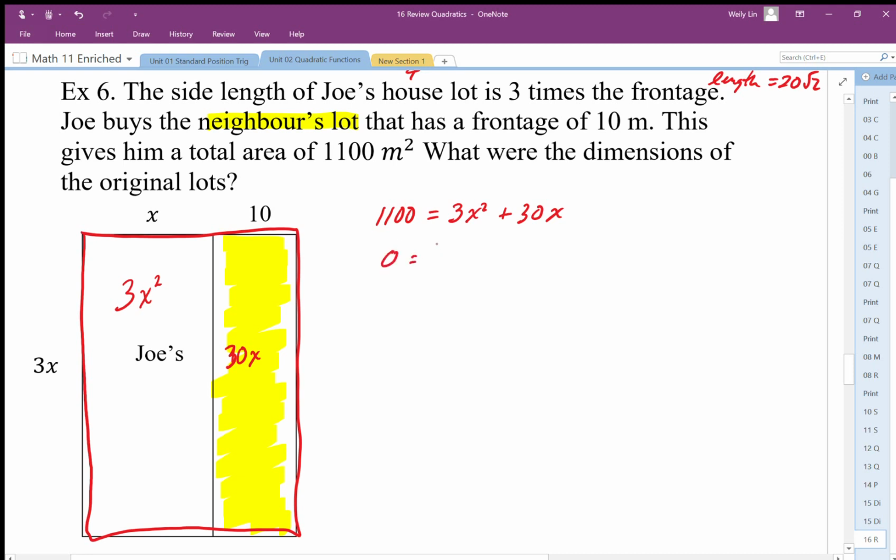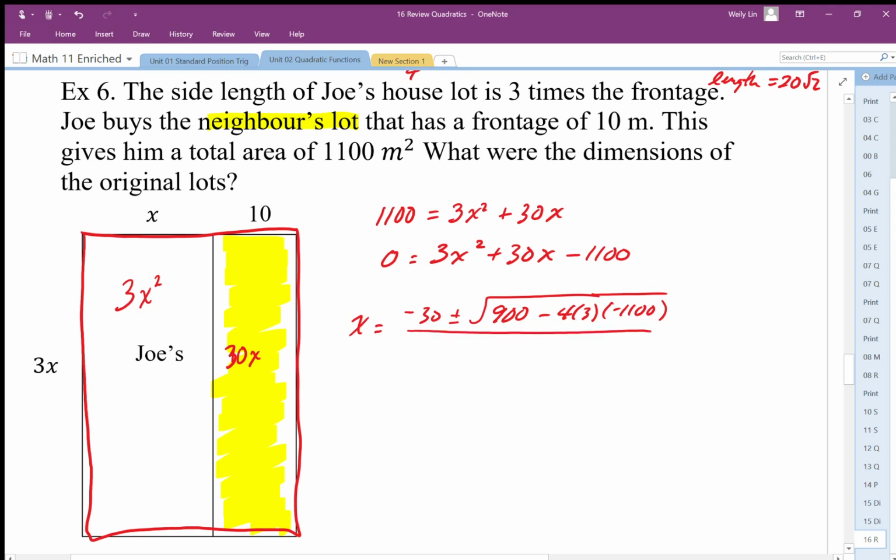We're going to make this equal to 0 so that we can apply the quadratic formula. And then plug it in. So the original frontage x is going to be equal to negative 30 plus minus the square root of 30 squared minus 4 times a times c, which is negative 1100, and that's all divided by 2 times a, which is 3.